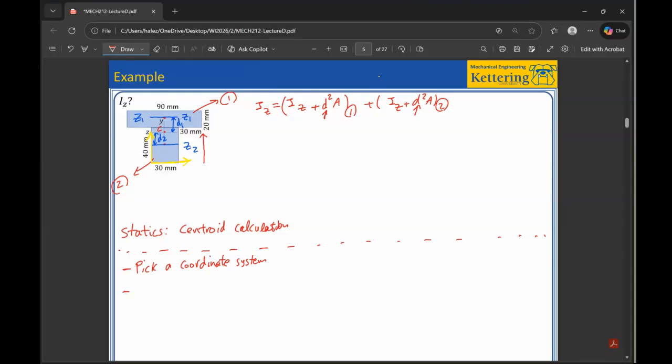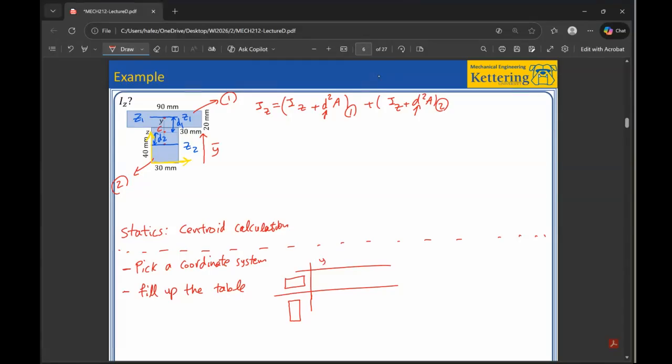So overall, because this is in the direction of y, we are after y bar. So fill up the table. It's this table. You have two objects in this case. Put them in the first column like this.